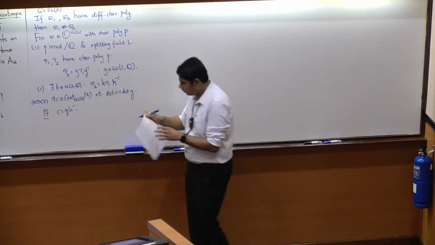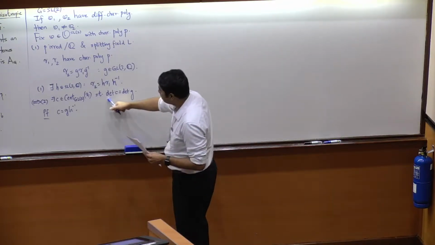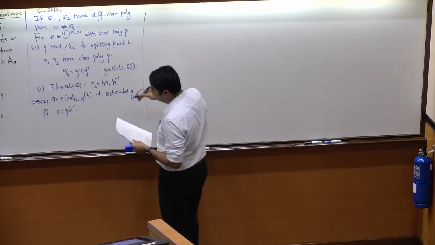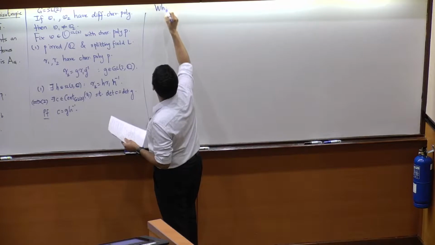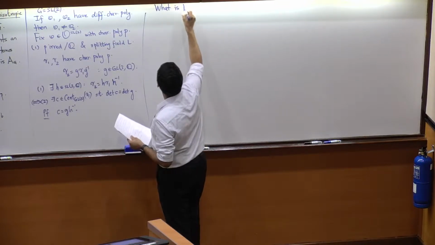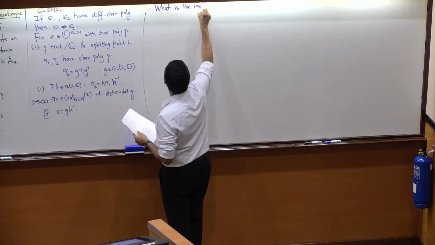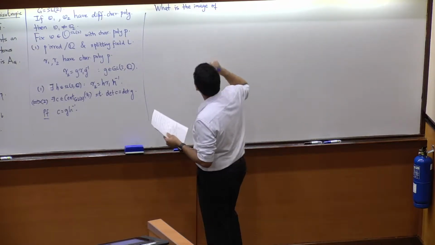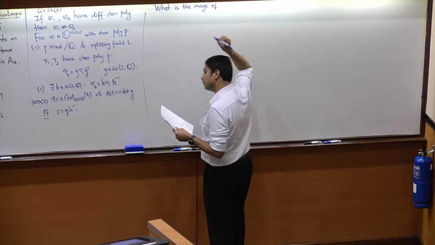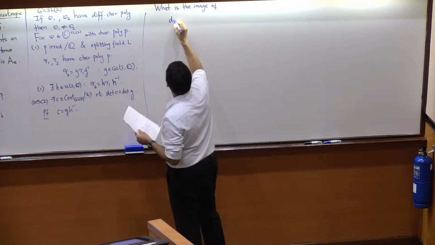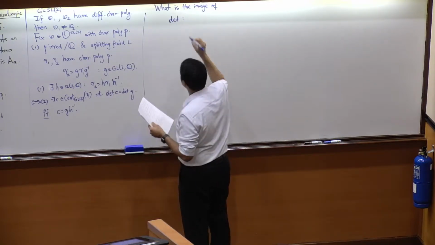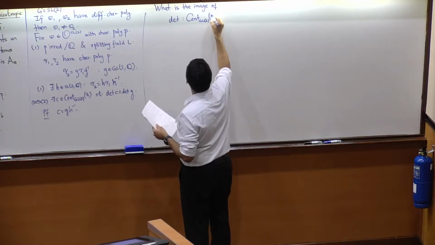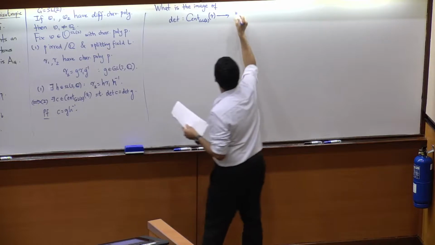And now, this reduces to the following. So the equivalent question is, what is the image of the following map? Or the co-kernel, actually. So the determinant is the map from the centralizer in GL2 of this element gamma to Q cross.